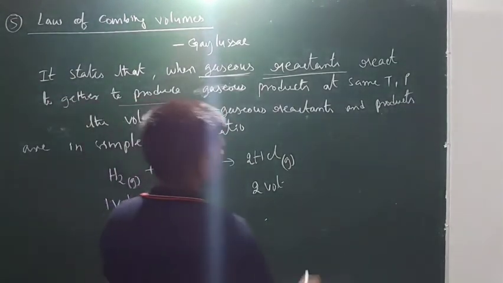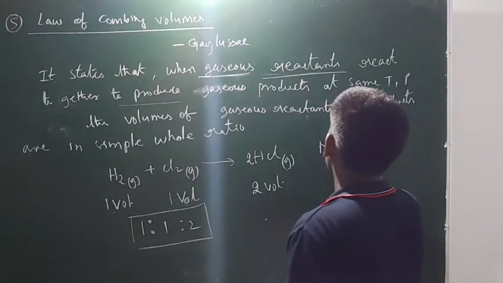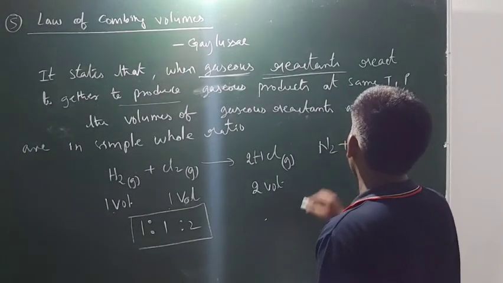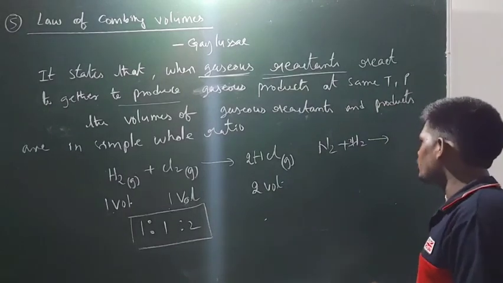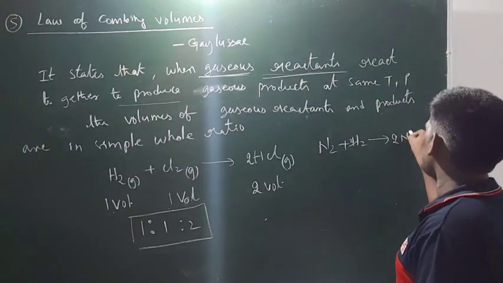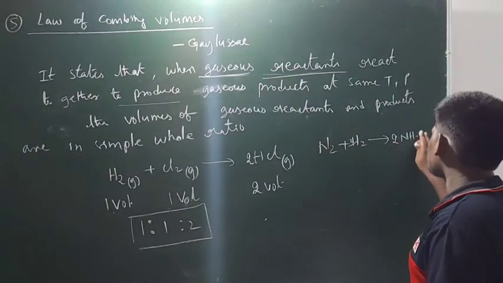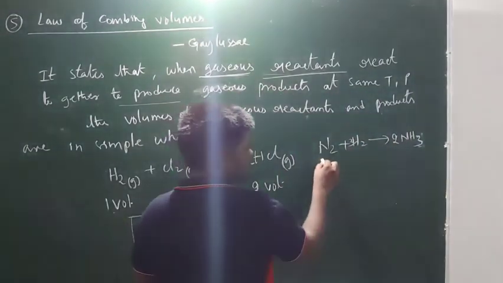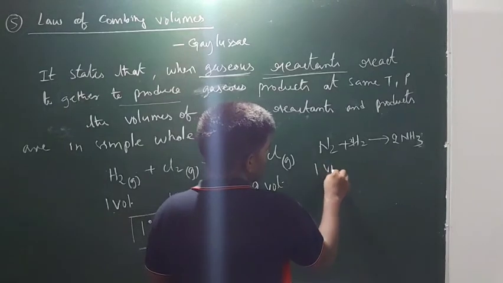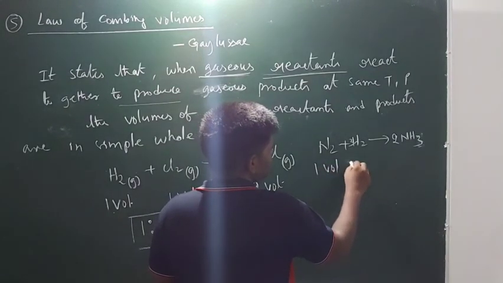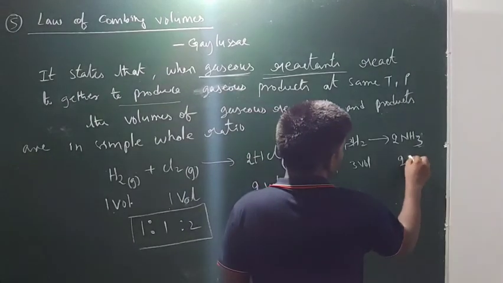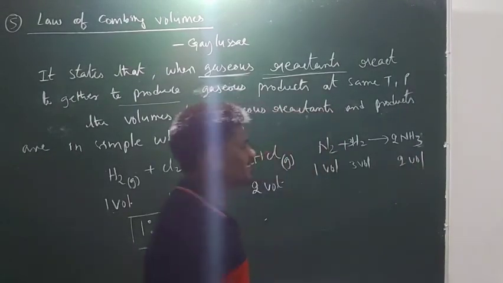You can take one more example, guys. Nitrogen and hydrogen combine together. 3 molecules of hydrogen combine with 1 molecule of nitrogen and give 2 molecules of ammonia. Here, 1 volume of nitrogen reacts with 3 volumes of hydrogen and gives 2 volumes of NH3.